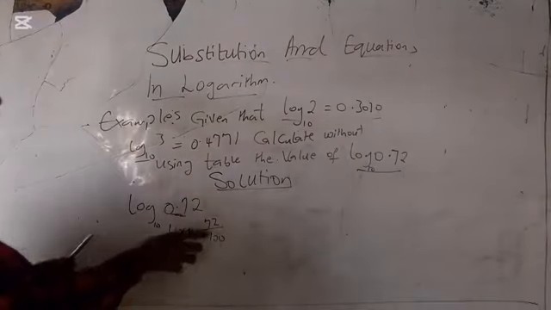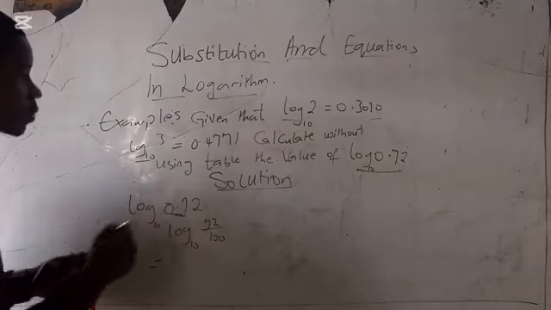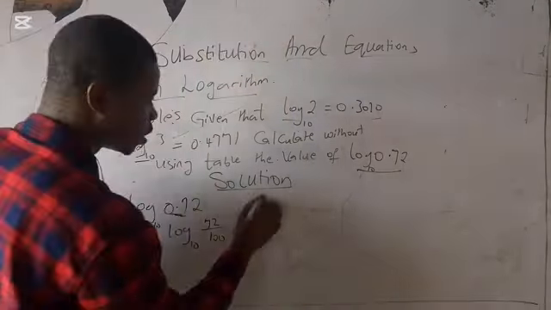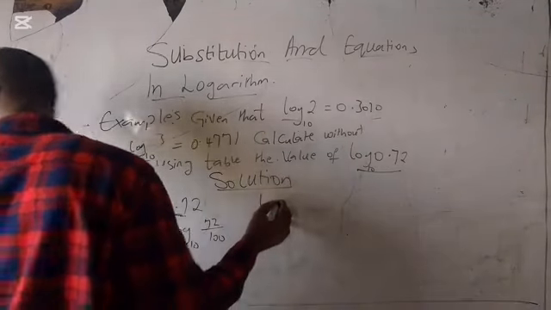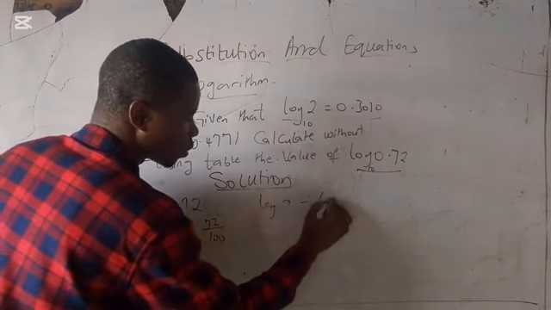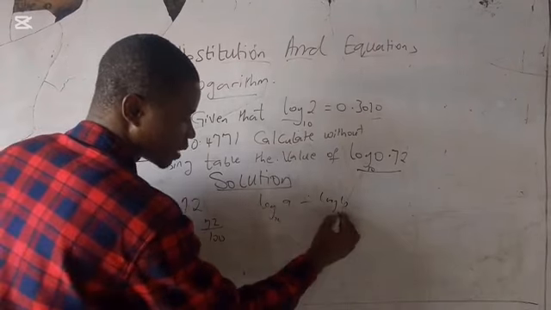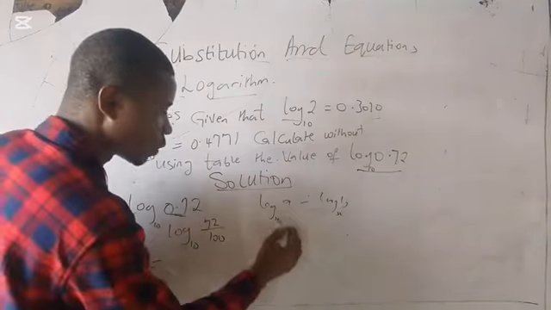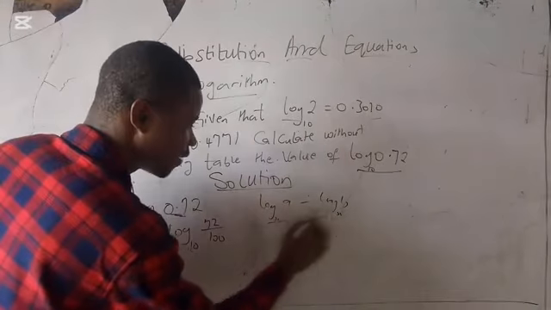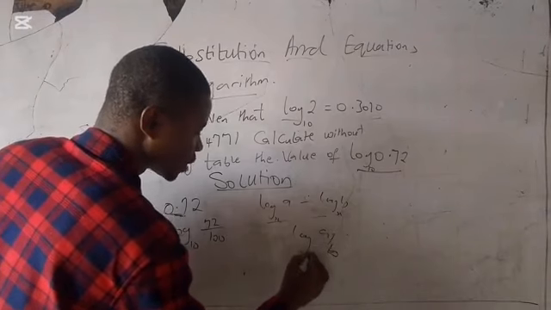Now that I have already done this, remember the subtraction law of logarithm. The subtraction law says that if I have something like log A minus log B, let me say base x and base x, I can pick one of the logs and divide the numbers. That is, I can write it as log A over B base x.